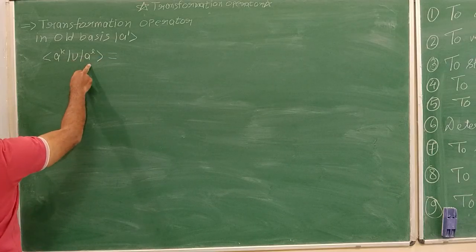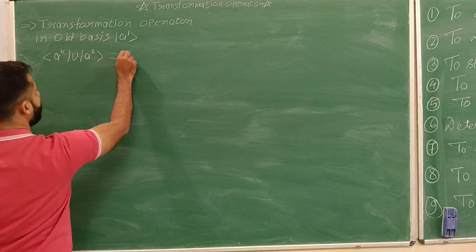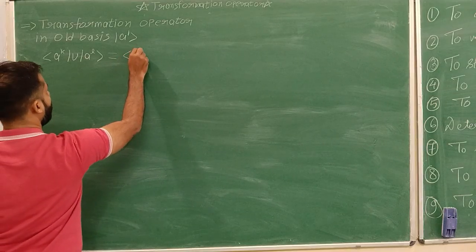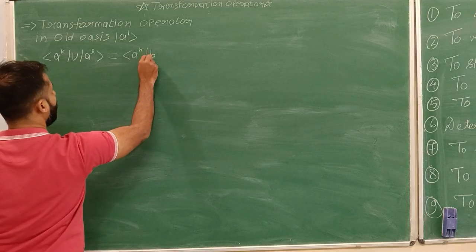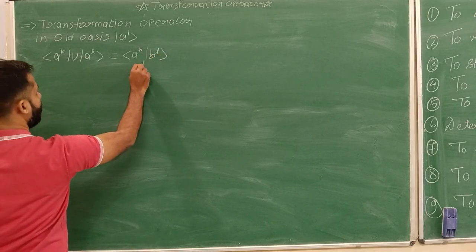You know that U operator on A_l will give you B_l. So this is a number.